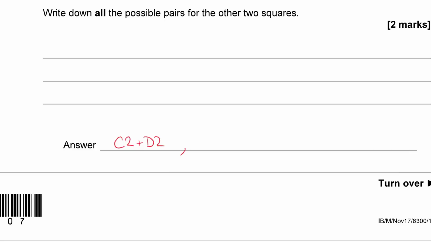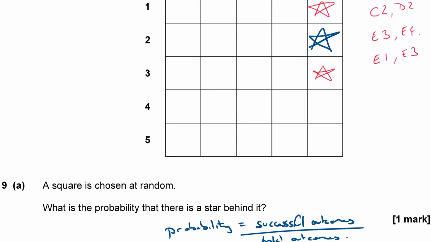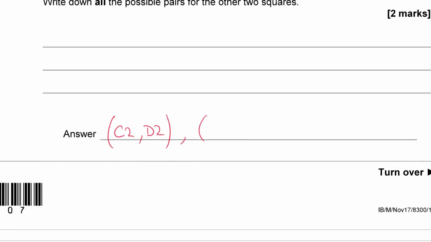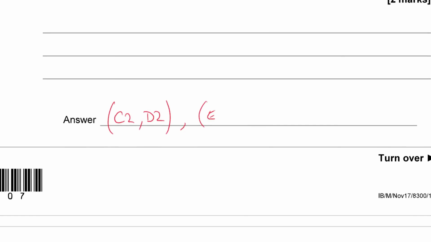That's the pair. Or maybe you can put them in brackets, that might be better. So if I write them down, C2 comma D2 is one pair. And then my next pair is E3, E4. E3 comma E4. And my last possibility was E1 and E3.